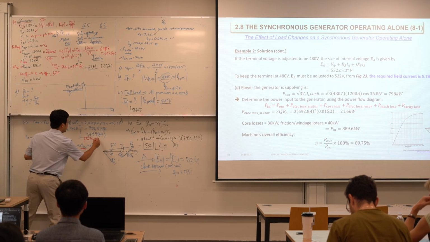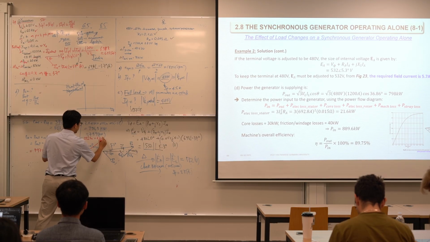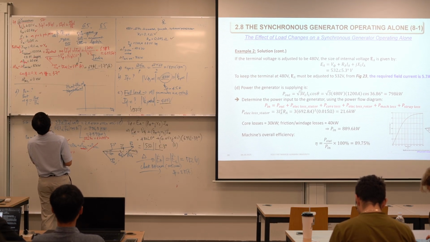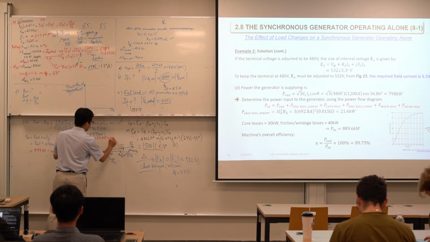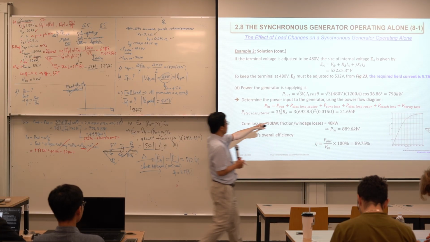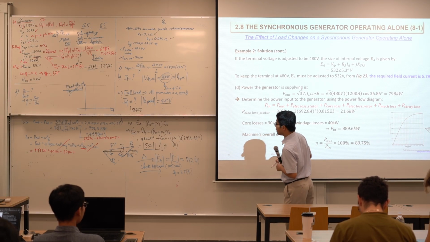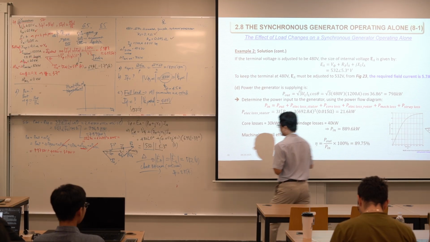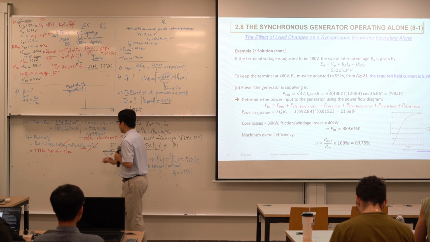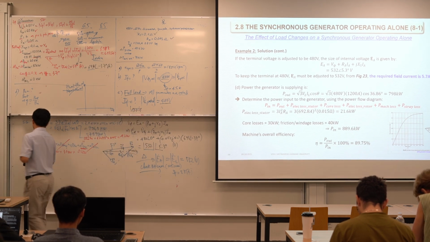So you get how many? 3 times I how many? 693 squared times RA how many? 0.015, and please help me. Okay. Look here. Am I right? Yes, and you get what? 21.6 kilowatt.